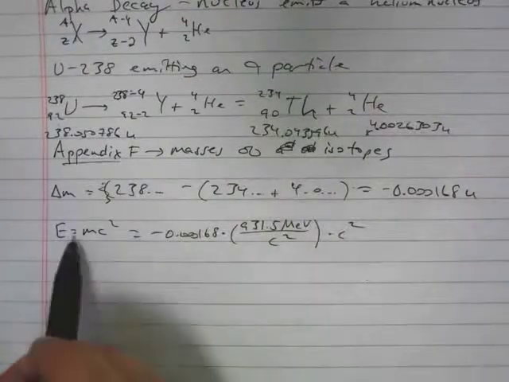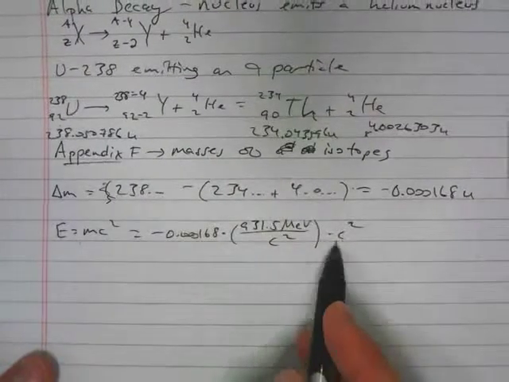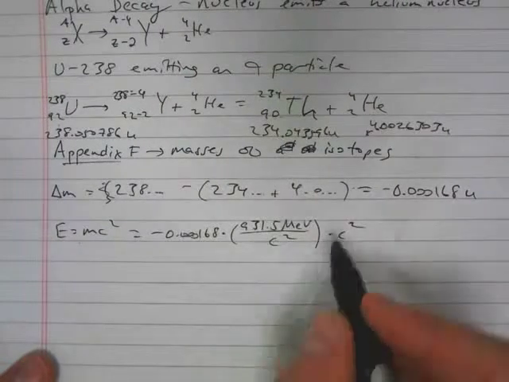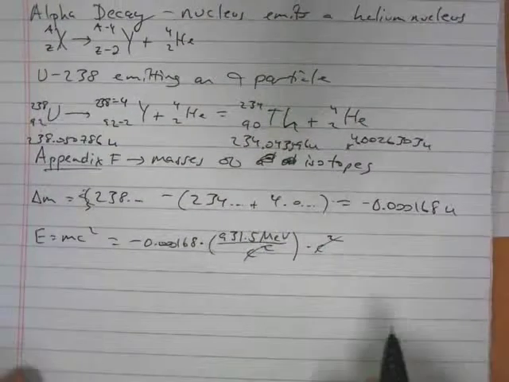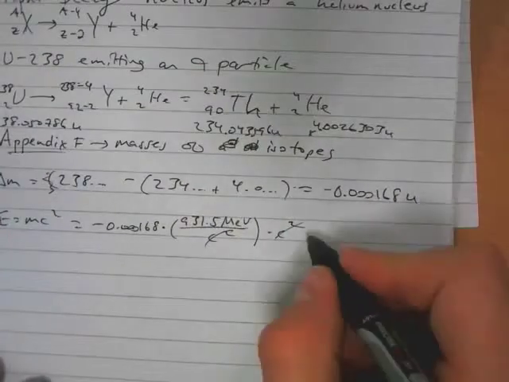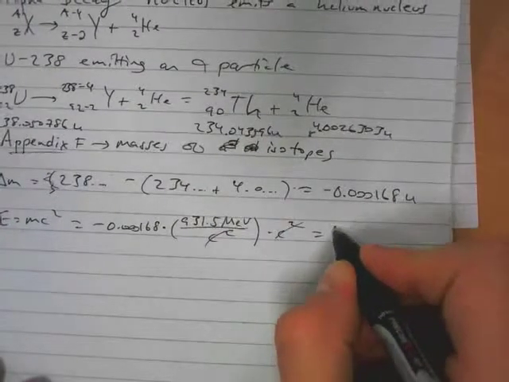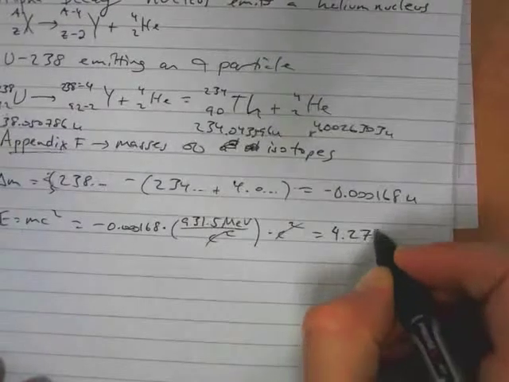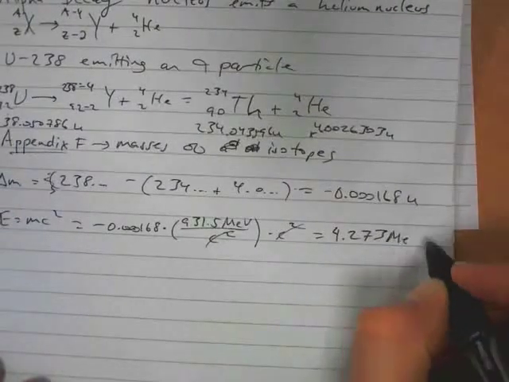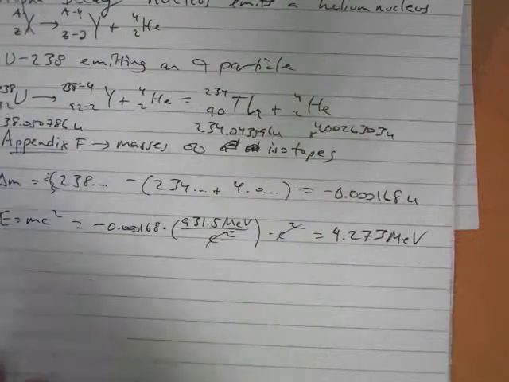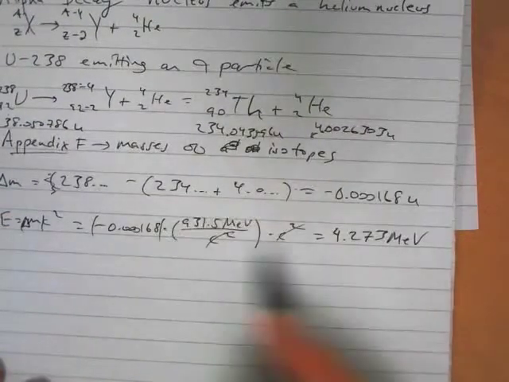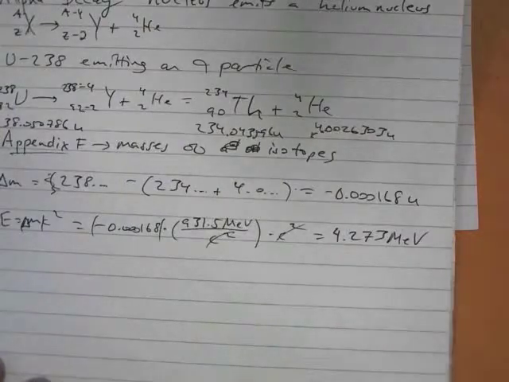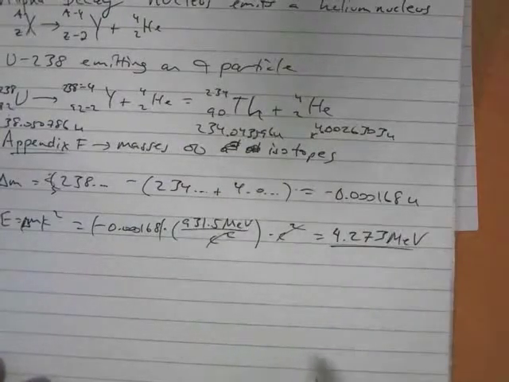And that's times the speed of light squared. I mentioned that it would be convenient to write our mass in this way, and we can see that our c squareds just cancel out. That's handy. And this comes out to 4.273 mega electron volts. We were using the absolute value of the change in mass, so that becomes positive. And so this is how much mass is converted into energy.